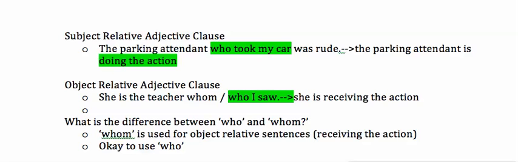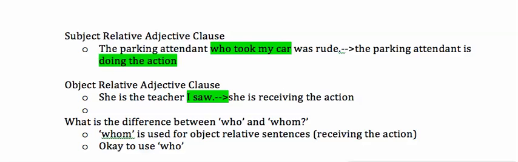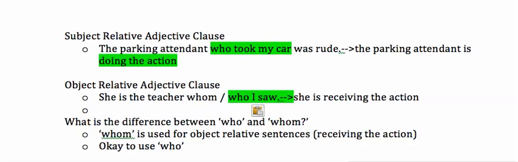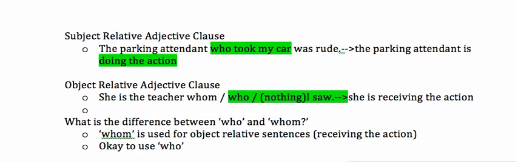Okay, now I have another question. What if I used nothing? If I say, she is the teacher I saw, can I say that? Yes, good job. So the answer is yes. You can say whom, you can say who, and you can say basically nothing. Okay.